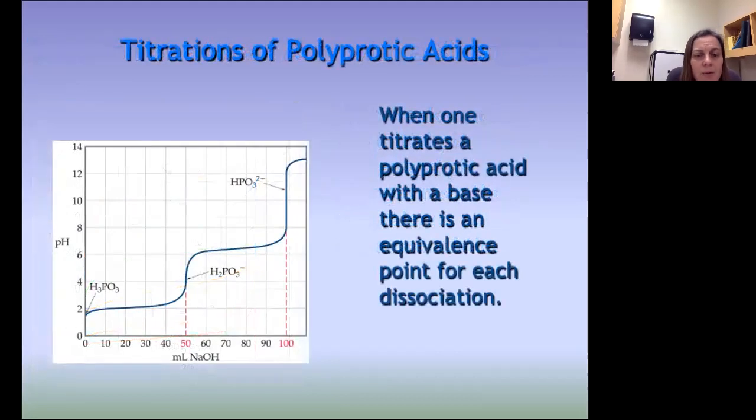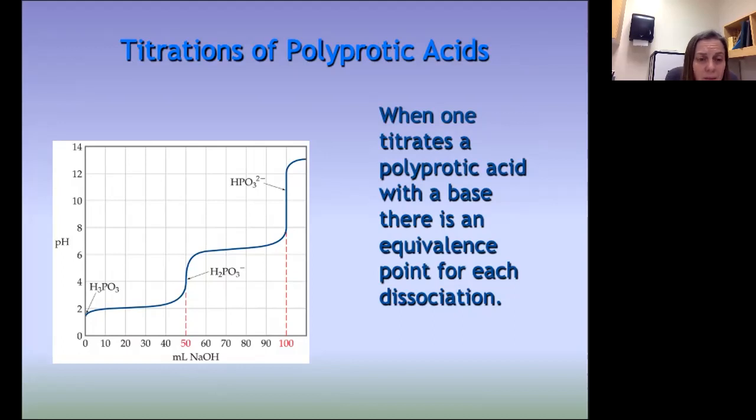If we have a polyprotic acid, meaning an acid with more than one removable hydrogen ion, there's going to be an equivalence point for each dissociation. So here we have phosphoric acid, and you can see that we have a clearly defined equivalence point for when the first hydrogen ion is pulled off of the phosphoric acid molecule.